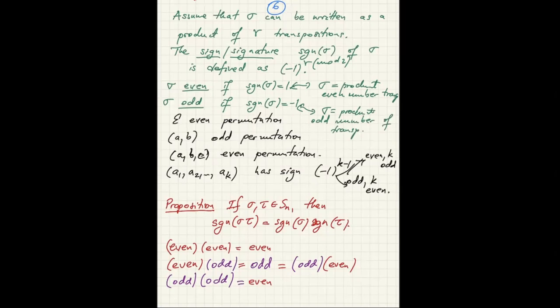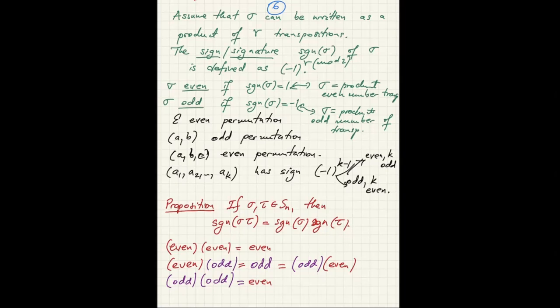Essentially, the previous proposition stated that a permutation cannot be even and odd at the same time. You cannot write it as a product of an even number of factors that are transpositions and a product in which you have an odd number of factors that are all transpositions.